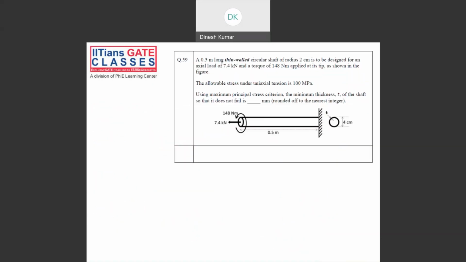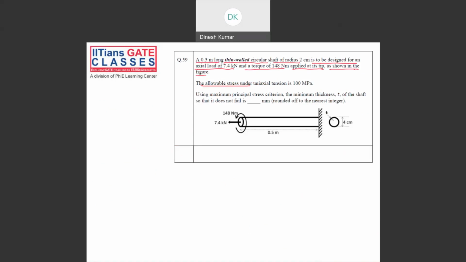Okay, this question is a bit lengthy. Read the question, guys. A 0.5 meter long thin walled circular shaft of radius 2 centimeter is designed for an axial load of 7.4 kilonewton and a torque of 148 newton meter applied at the tip as shown in the figure.